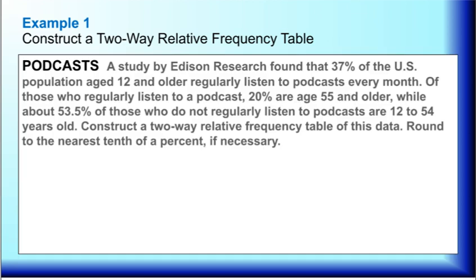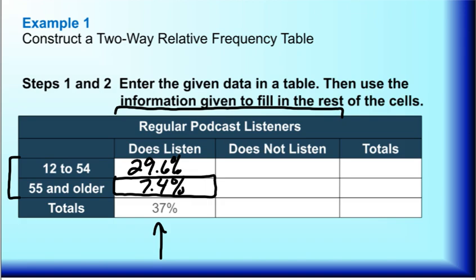Now going back, we have another percent as well. 53.5% of those who do not regularly listen to podcasts are 12 to 54-year-olds. So those who do not. So let's go over here. 53.5%.